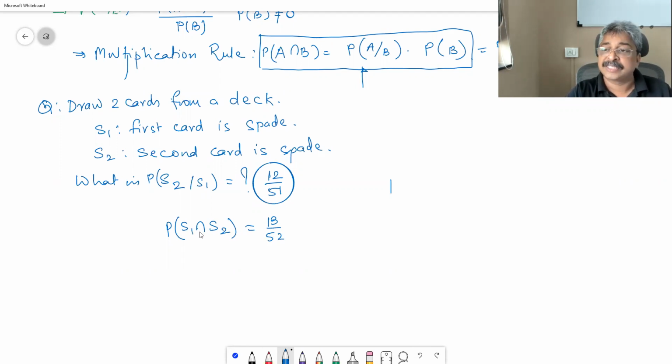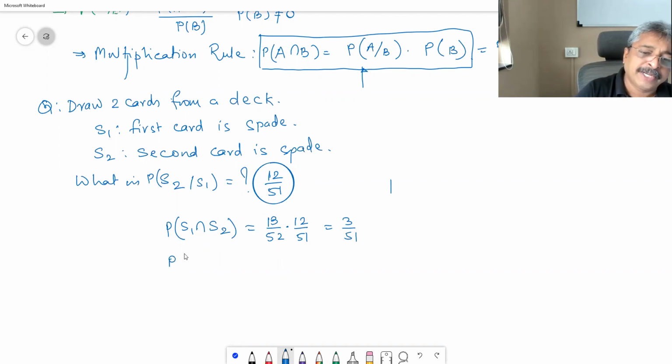Because this is intersection, our English 'and' in combinatorics means multiplication. So probability of first spade 13 by 52 and probability of second card is spade, which is 12 upon 51. So P(S1 intersection S2) is this quantity. How much is this? 3 upon 51.